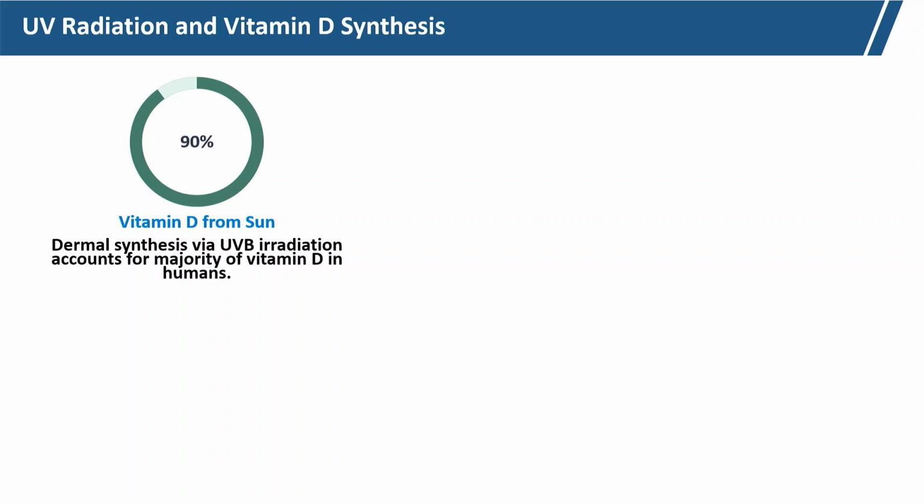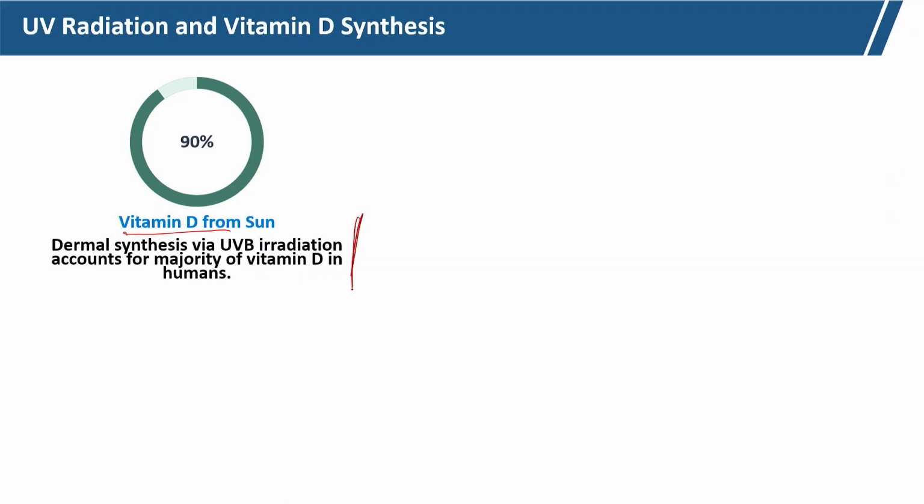It actually enhances vitamin D sources. 90% of vitamin D we can get from the sun, but at the same time this will affect the human body. So, dermal synthesis via UVB radiation accounts for the majority of vitamin D in humans.